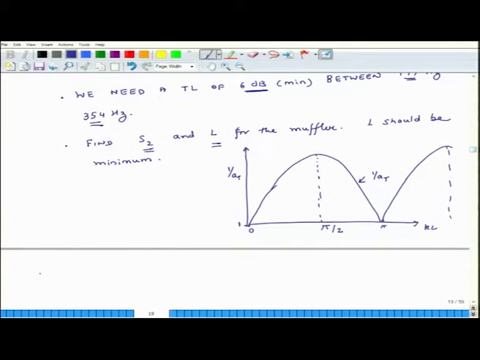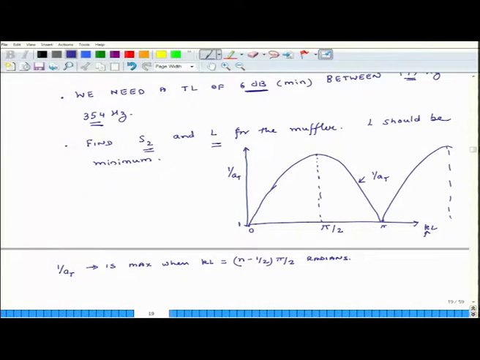So, what that means, and this is something we have discussed earlier also, is that 1 over AT is maximum when KL equals (2n minus 1) pi by 2 radians. Now, this K is 2 pi over lambda, so this is associated with a frequency.